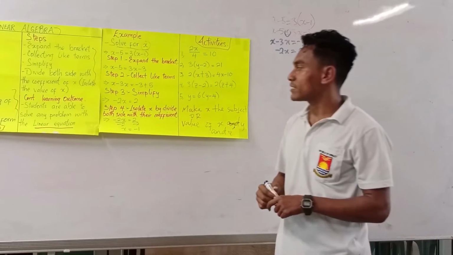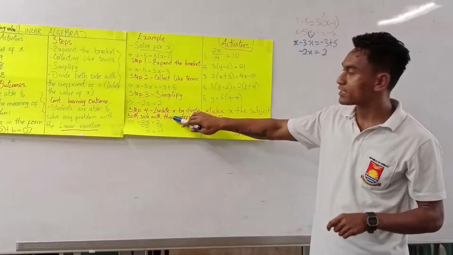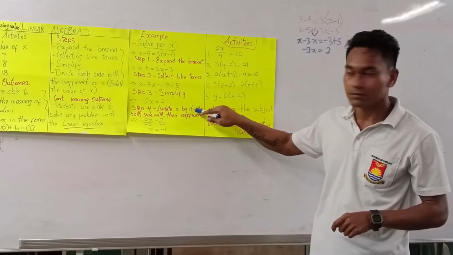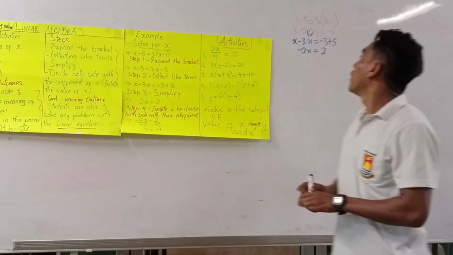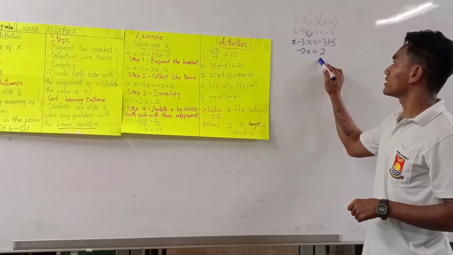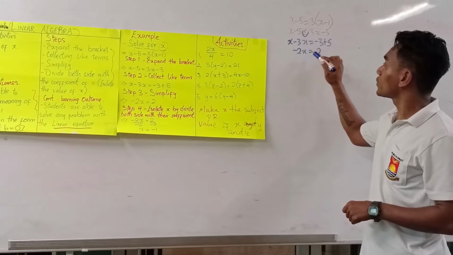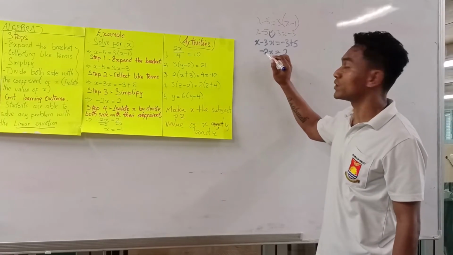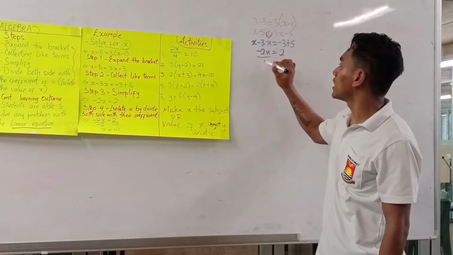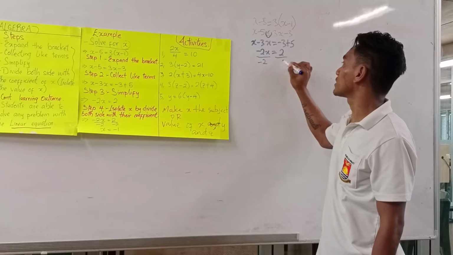The last step is to isolate x by dividing both sides by the coefficient. We make x the subject and need to find the value of x. So we divide by the coefficient of x, which is negative 2, on both sides.